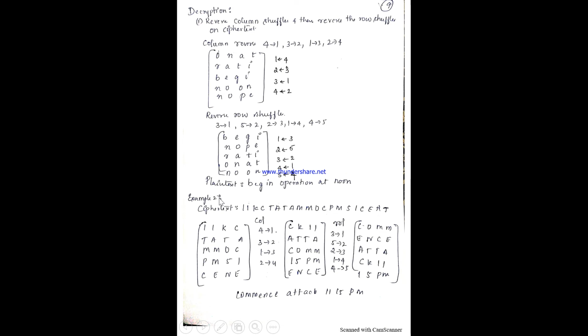You can observe this very clearly here. So the third row content is copied to first, fifth row content is copied to second, second row content to third, 1 to 4, 4 to 5. So this reshuffling is done on the column transposition matrix, and I'll get back my original plain text.